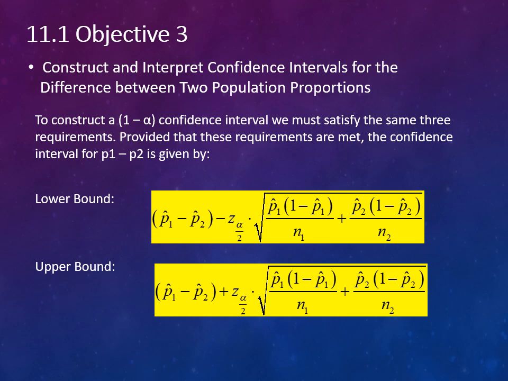Provided that these requirements are met, the confidence interval for p1 minus p2 is given by the lower bound, which is the quantity of p hat 1 minus p hat 2 minus z alpha over 2 times the square root of p hat 1 times the quantity 1 minus p hat 1 over n1 plus p hat 2 times 1 minus p hat 2 over n2. And of course, the upper bound is the same formula, but instead of subtracting the second term, we are adding the second term.